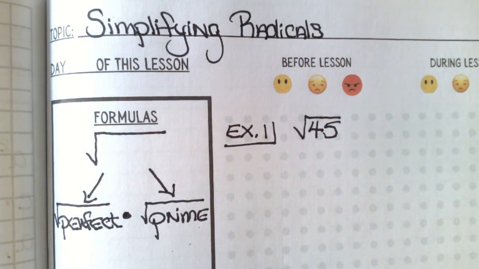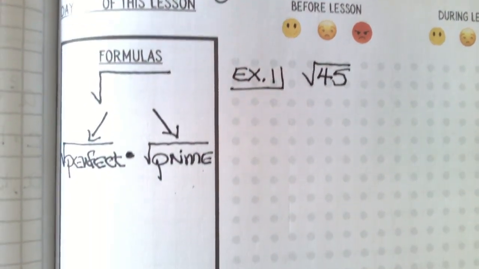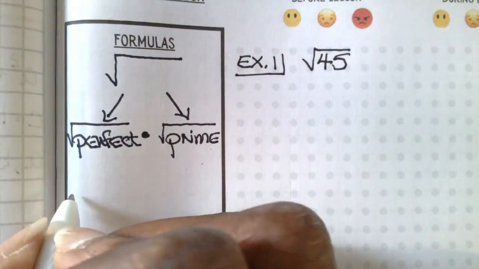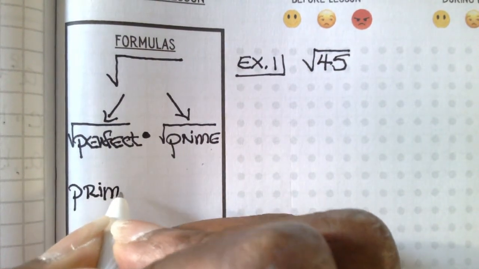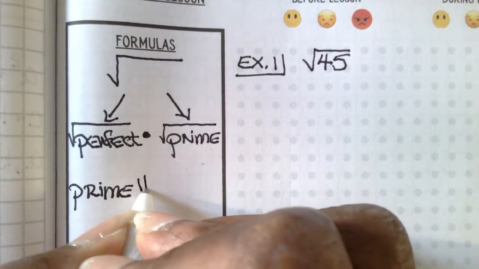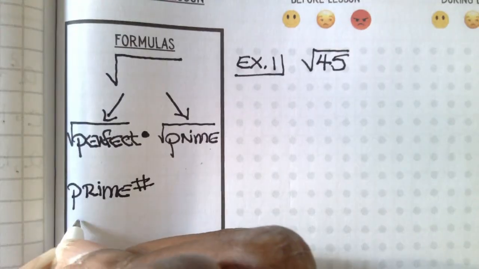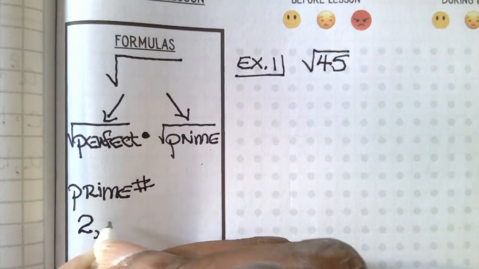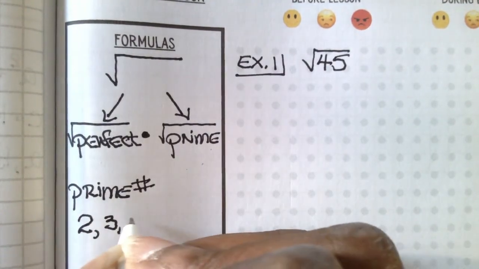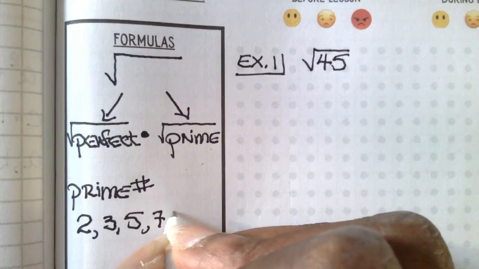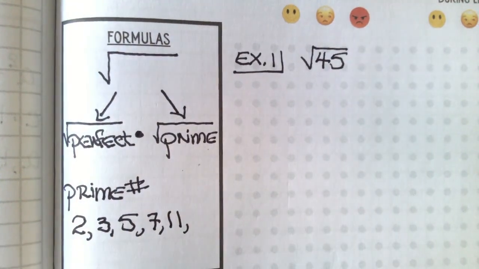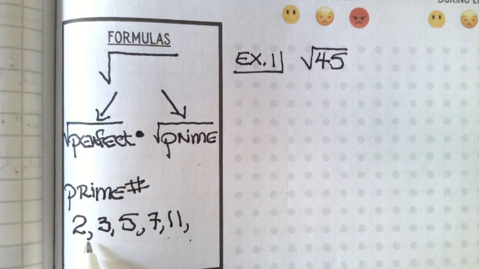So that's why when it comes to prime numbers, the first prime number is a 2, not 1. Then you have 3, 5, 7, 11. So it's not all odd numbers; 2 is not an odd number.